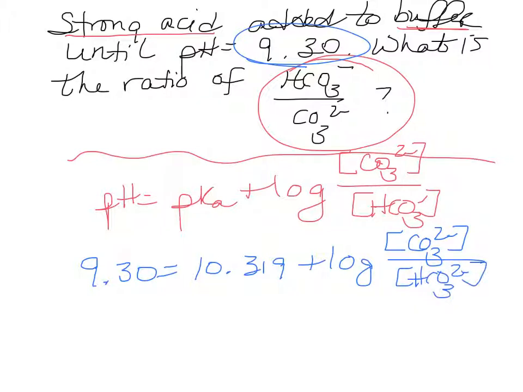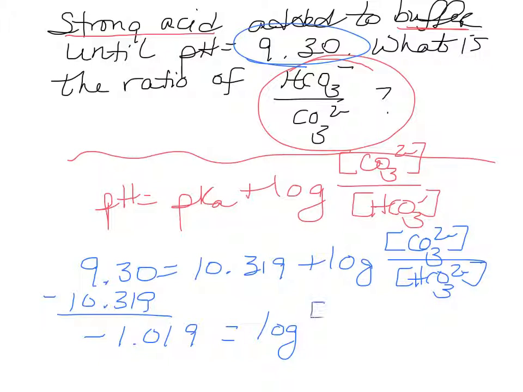All right, so 9.3 minus 10.319 is minus 1.019, and so that will be equal to the log of the ratio.